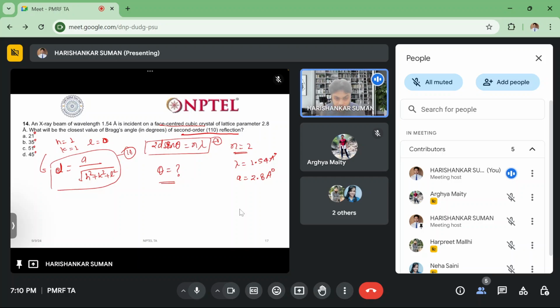So please answer. So let's put the value here. 2d equal to, we know a is 2.8.